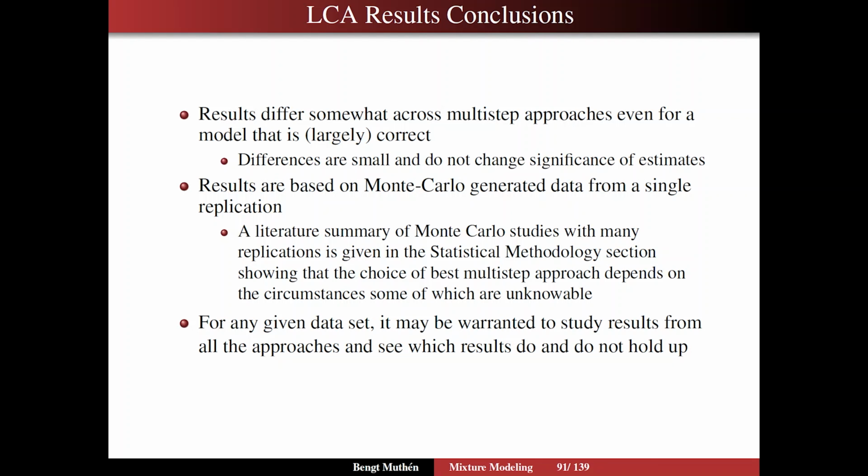And I think that for any given data set, it may be warranted to study results from all the approaches and see which results do and do not hold up. With a combined approach, for instance, it's not hard to do all three analyses, all three multi-step approaches, and then see which results hold up and which don't.